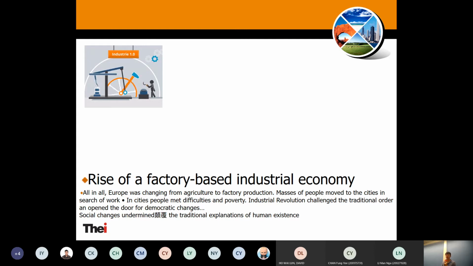Steam engines and water engines were transformed into power to speed up our production life. Before that, we had no idea how to speed up or maximize productivity.